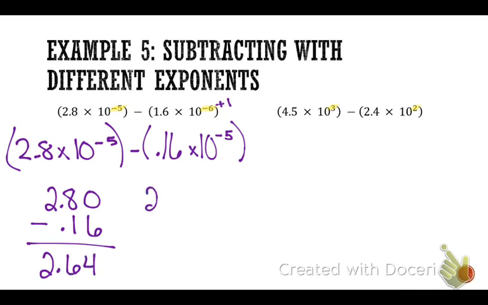So 2.64 times 10 to the -5th power. Wait, did I subtract it wrong? You had to borrow. The 8 borrows to a 7. 10 minus 6 is 4. 80 minus 16, 64.